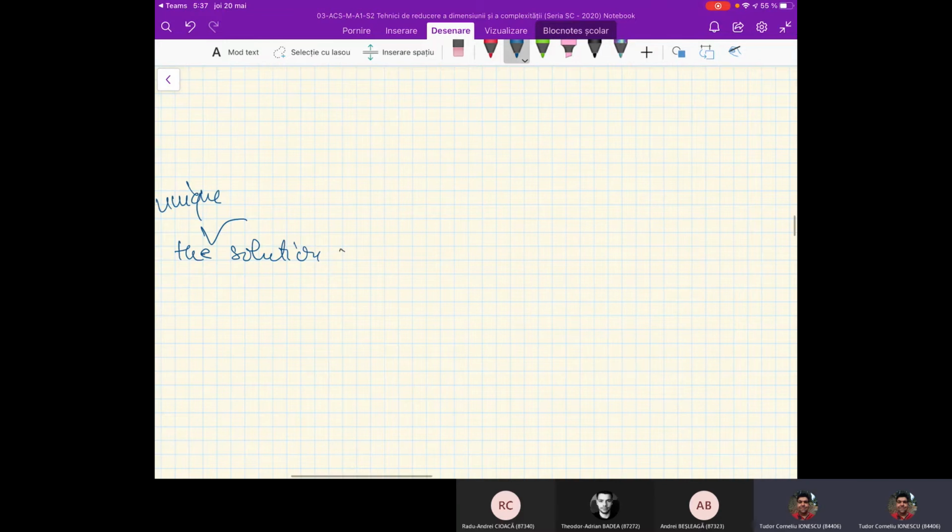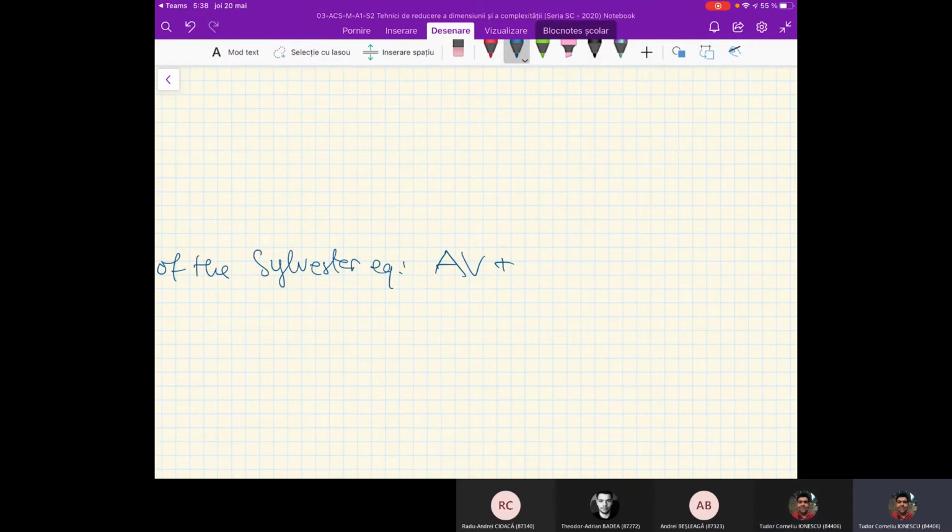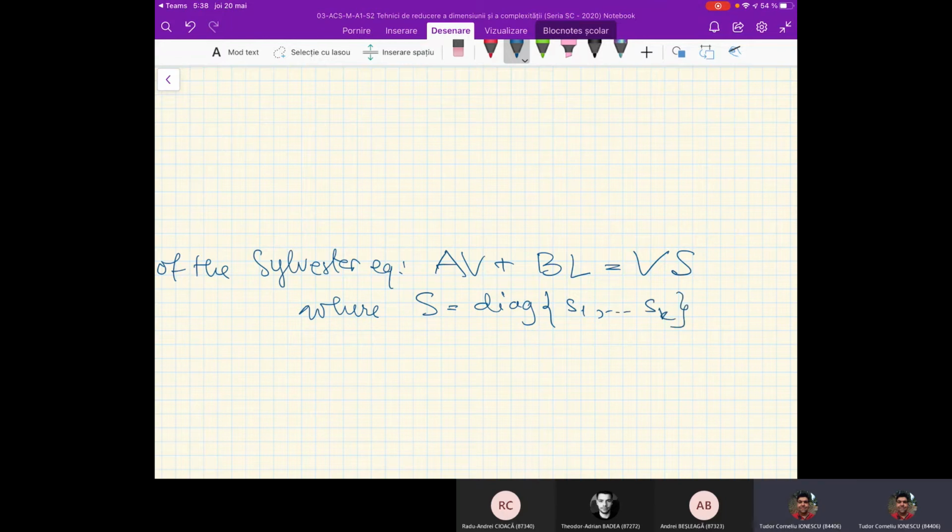This is the unique solution of the Sylvester equation, AV plus BL equals VS, where S is the diagonal matrix of S1 up to SK, and L equals 1, 1, 1.